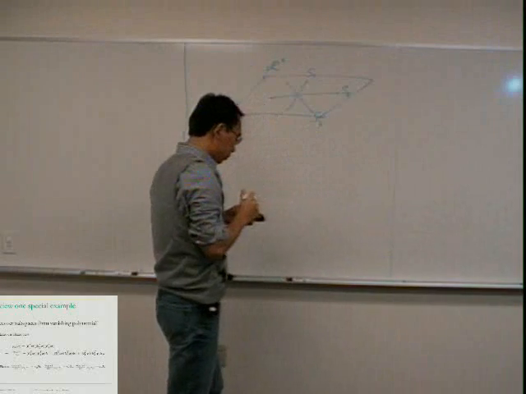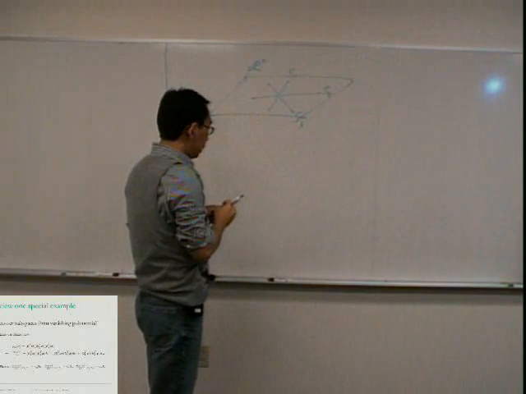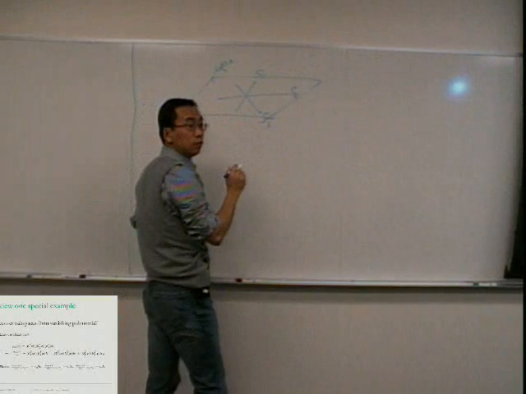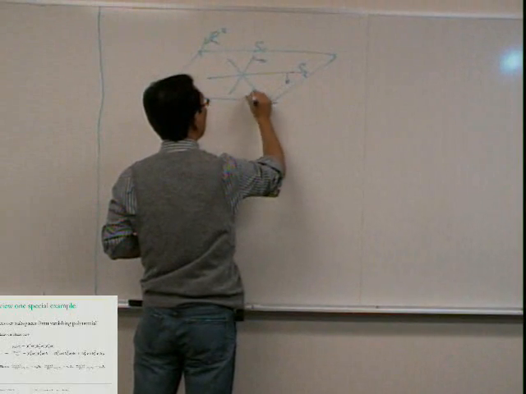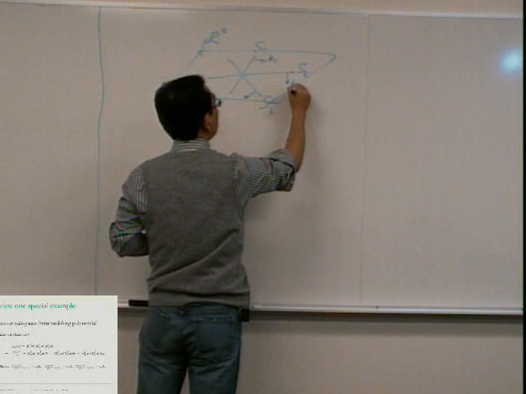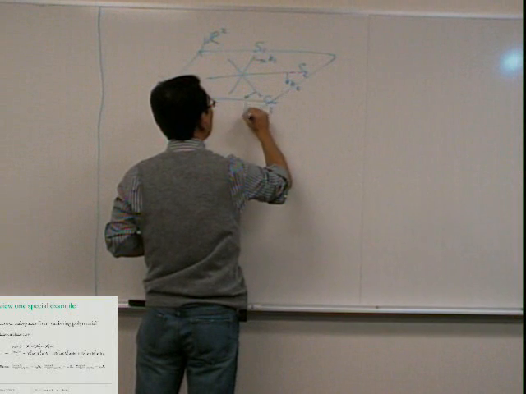And what's the first step you're going to do? The first thing you're going to say is that each one will have a normal vector, right? So each subspace is defined by its normal, B1, B2, and B3.